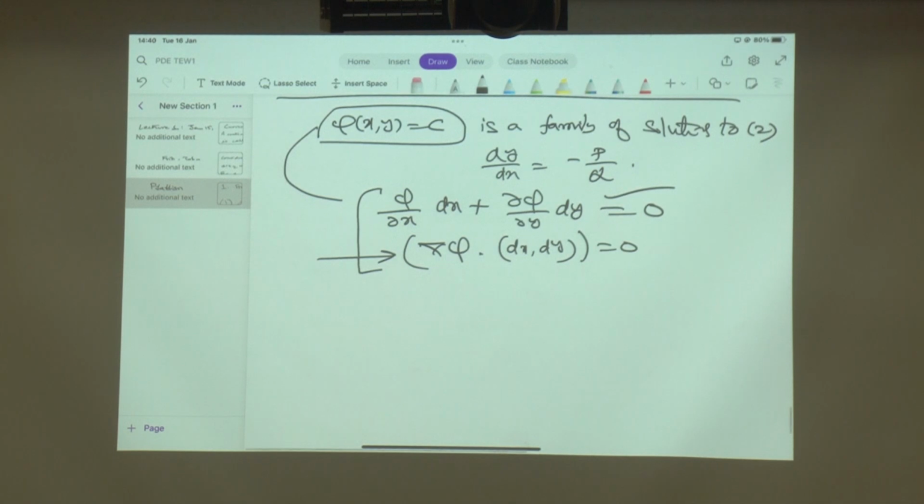But routinely we do this. When we see phi xy equal to c, you differentiate. In fact, this is also written sometimes as d phi, which is called the differential of the function phi, which essentially means grad phi dot dx dy.